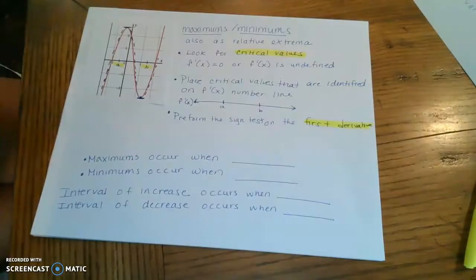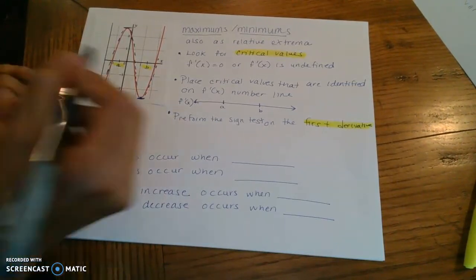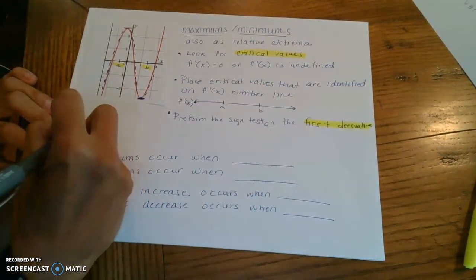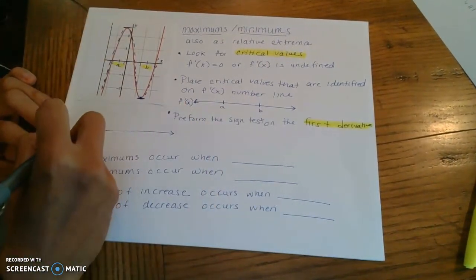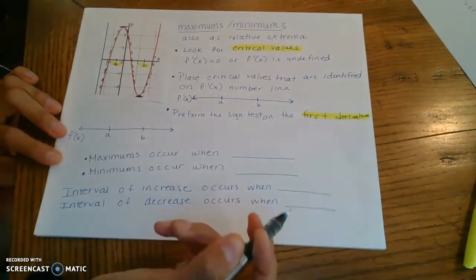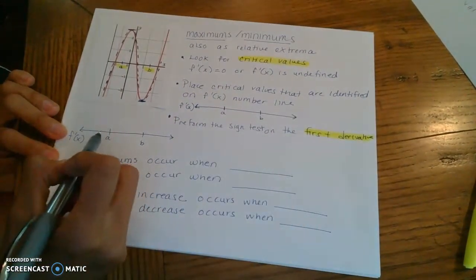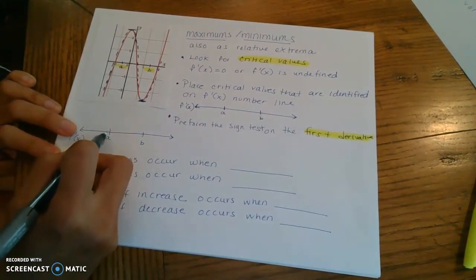So here we have nothing algebraic to show you right now, because right now conceptually I want you to understand what we're doing. So if I have my number line here, and you know what, I'll just draw that number line over here again just so we can follow with the graph. First derivative, my two critical values are A and B. Now the sign test is telling me, is the first derivative positive or negative in this section?